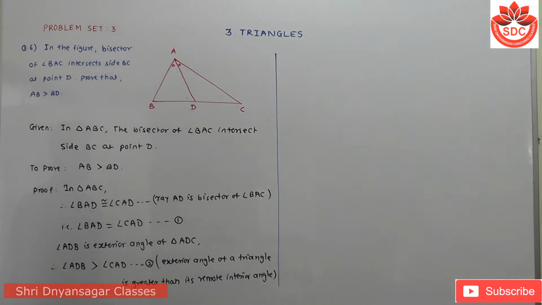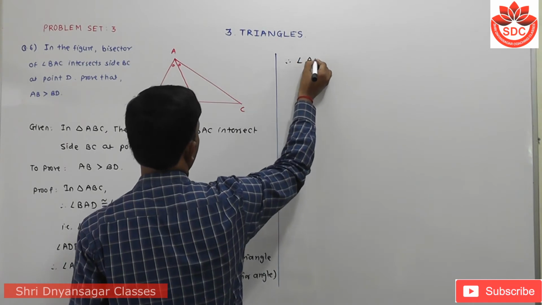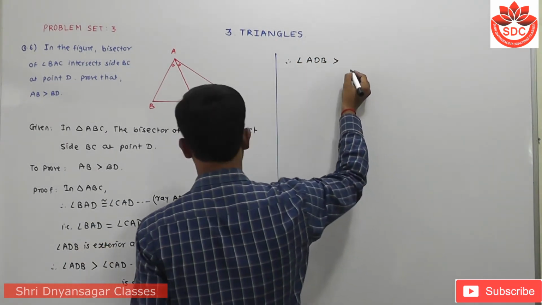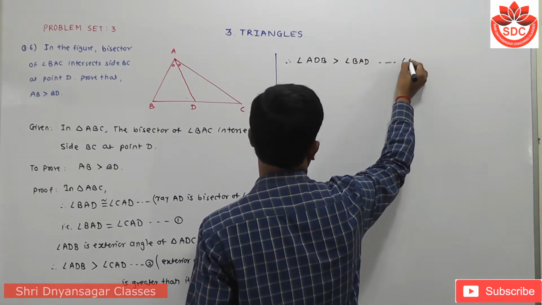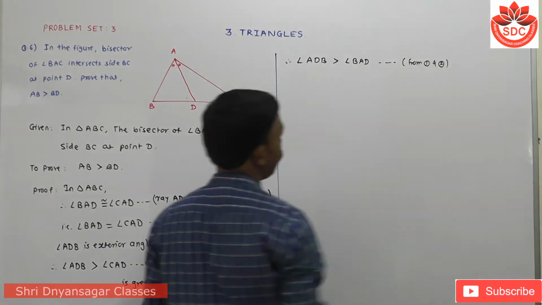Remote interior angle. Now look here, CAD and BAD are same. Then by using first and second I have to write: therefore, angle ADB is greater than angle BAD. Reason: from first and second.